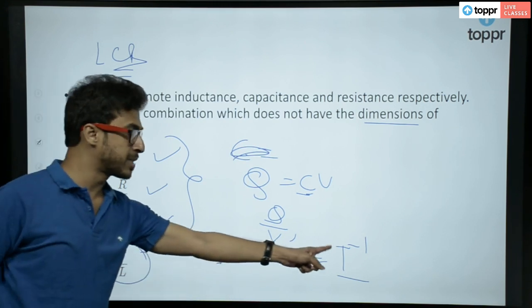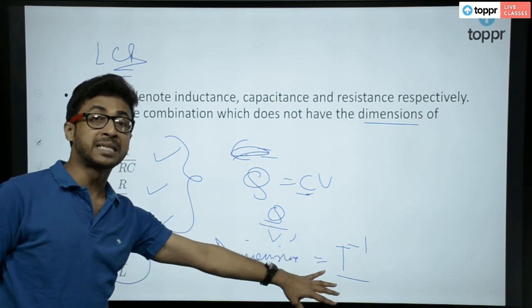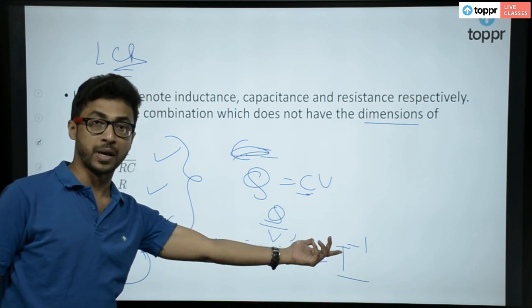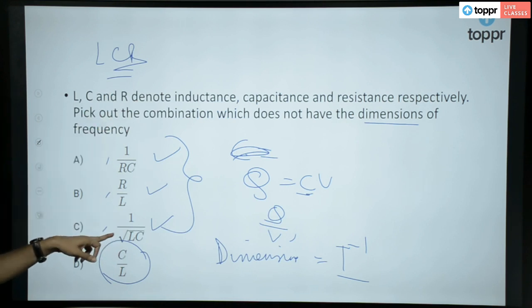T to the power minus 1 means 1 by t, and 1 by t is nothing but frequency, because the dimension of frequency is t to the power minus 1. By that way also you can verify all these things.